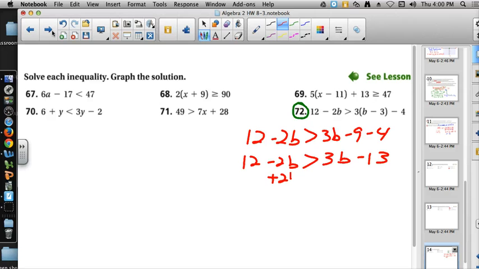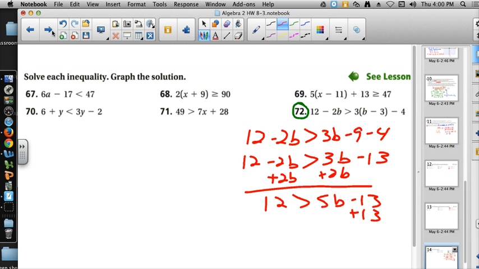And then we would go ahead and add 2b to both sides. So 12 will be greater than 5b minus 13. Add 13 to both sides. And wait for the smartboard. There we go. So 25 is greater than 5b.